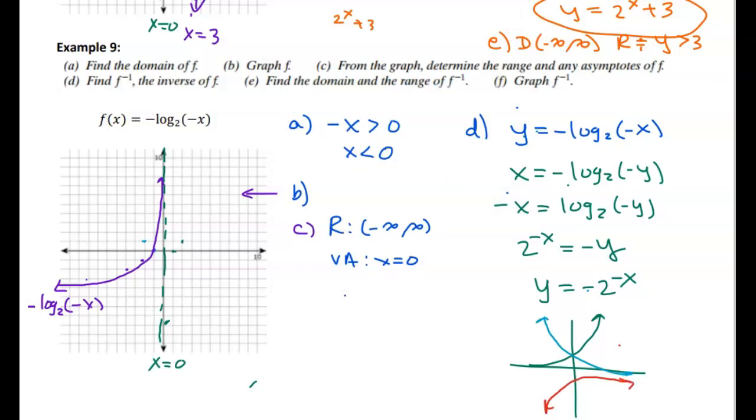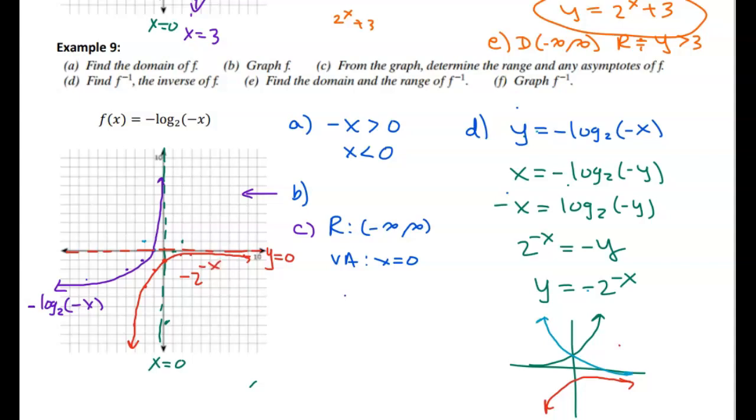Okay? So we have 0, negative 1, and then we have some fractions here. And then we have negative 1 and 2, negative 2 and negative 4, negative 3 and negative 8. It's all powers of 2. Right? And this has a horizontal asymptote at y equals 0. So this is negative 2 to the negative x.